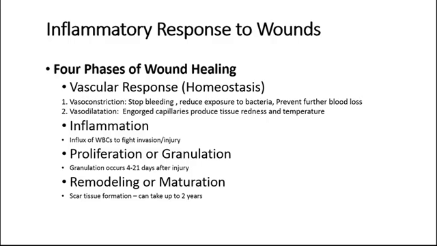Okay, the inflammatory response to wounds, then, we have, again, 4 phases, and it's really wound healing. The first one is the vascular response, and this is where initially we have vasoconstriction, that's to stop the bleeding, reduce exposure to bacteria, and then we have the vasodilation to allow for the influx of WBCs, all right?